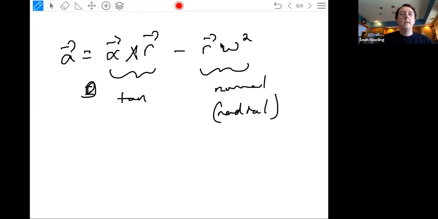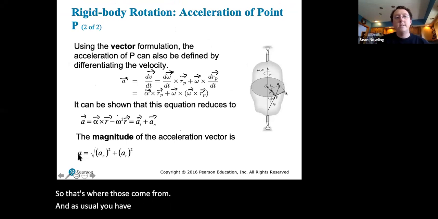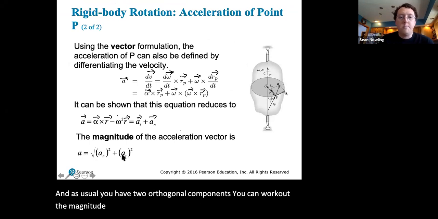Okay, so that's where those come from. And as usual, you have 2 orthogonal components. You can work out the magnitude of the acceleration with the Pythagorean theorem. It's pretty standard stuff.